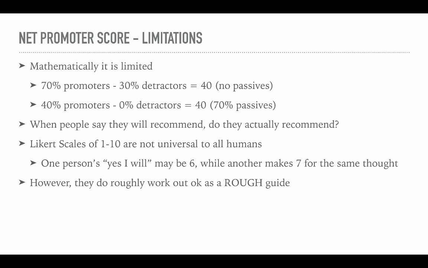Turning it on its head, say 40% of people are promoters, we've got no detractors, and 60% of people are really passive. Now, having no detractors is pretty good because there's no one costing us by being negative, but we haven't got many evangelists. Most people are just kind of, meh, I might shop there, maybe not.